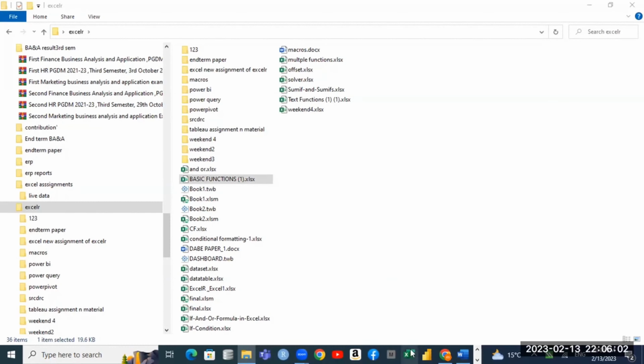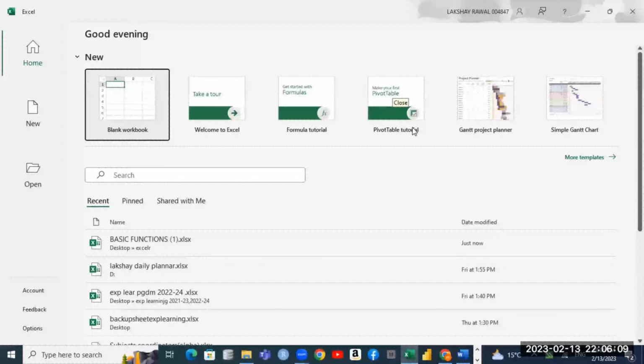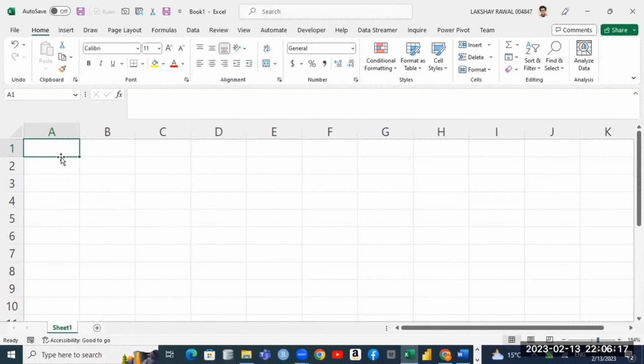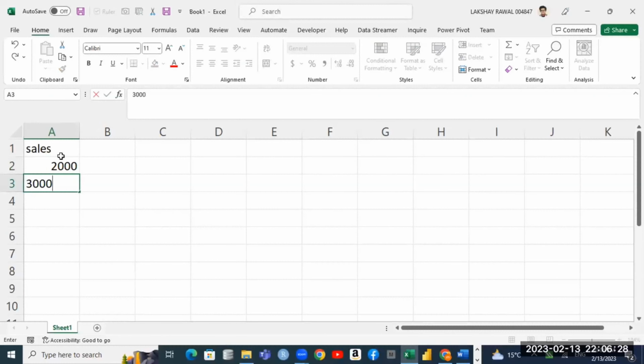Now I'll tell you one very small thing, then we'll discuss other things tomorrow. A few more small arithmetic operators in Excel. Suppose sales is given as 2,000 rupees and 3,000.